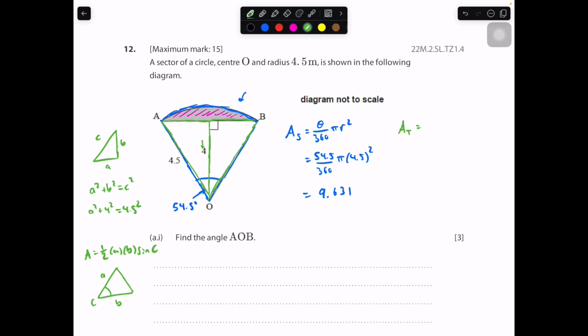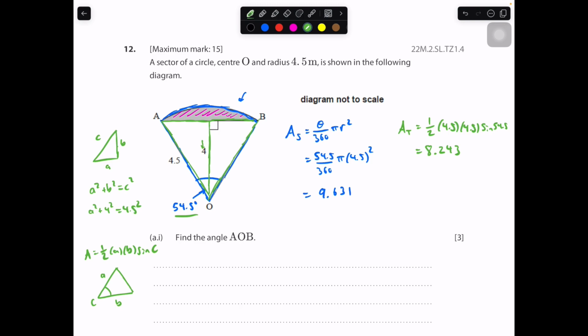Half a is 4.5, b is also 4.5, and then sine of 54.5. That should give us the area there. So sine 54.5 times 4.5 squared times 0.5. And this gives us a value of 8.243.